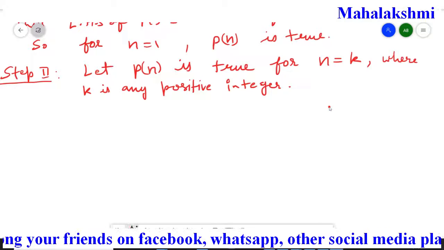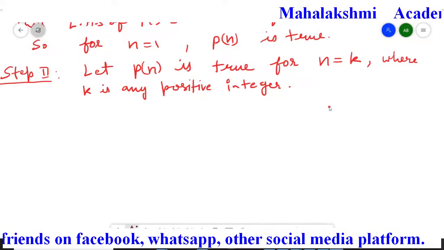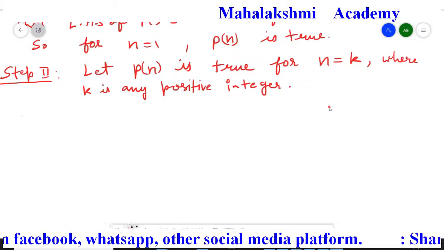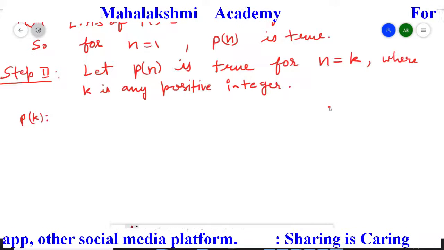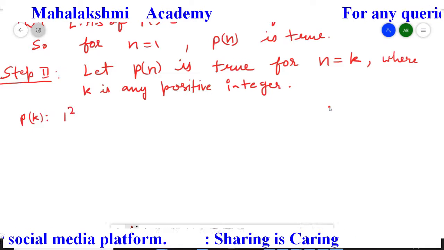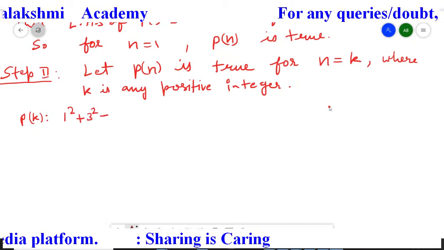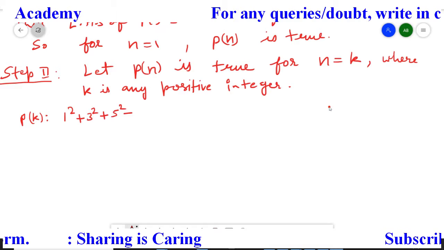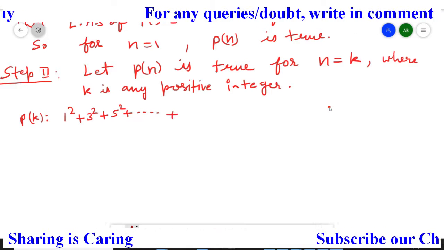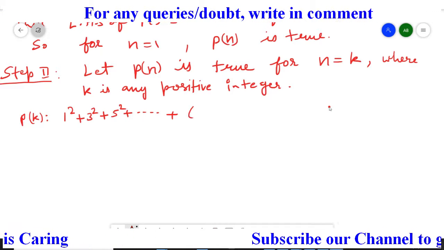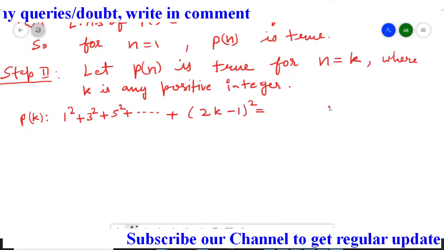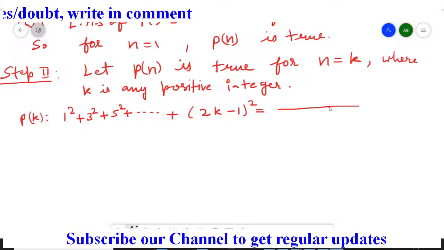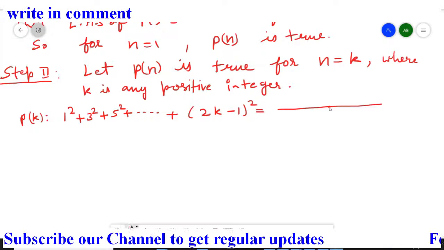So in the Pn statement, from the question, whatever be your Pn statement, wherever n is there, we have to write down only k. So we will get here the Pk statement as, I am writing this from the question. You can check the question. 1 square plus 3 square plus 5 square plus it's extended up to, now we have n terms, so instead of n, what we have to do? k. So 2k minus 1 whole square, and in the right side also, wherever n is present, we will replace it by k.